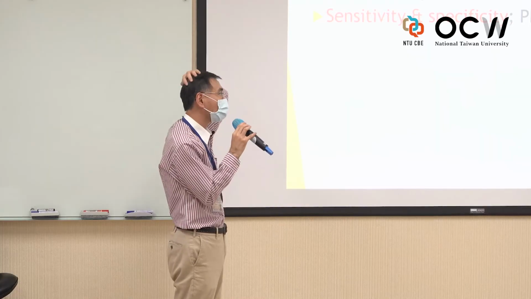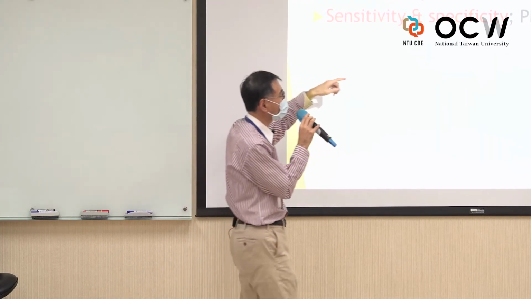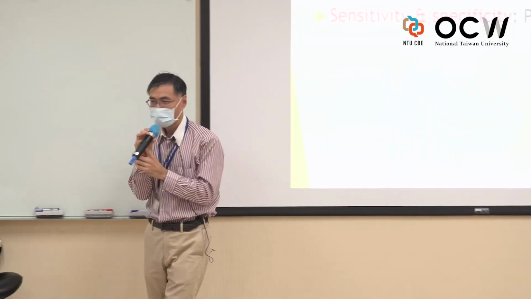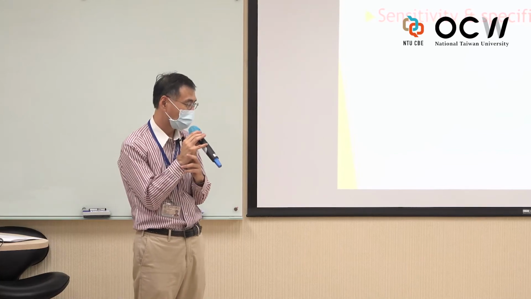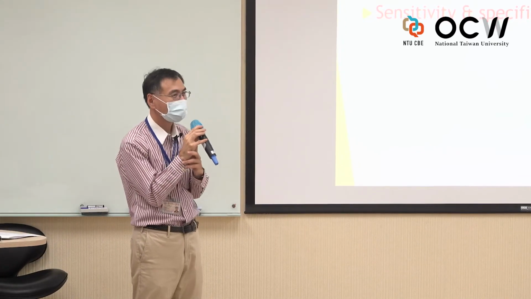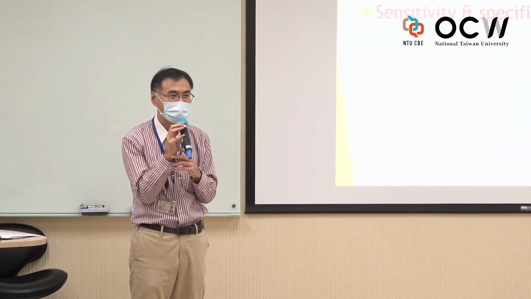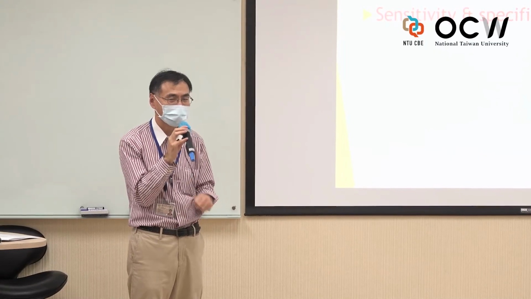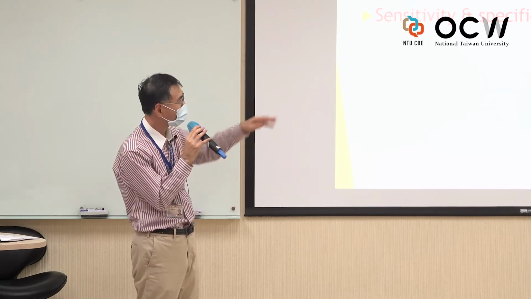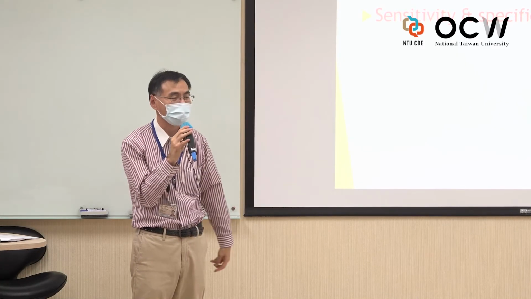PPV is more useful in machine learning, the algorithms, computer science. They prefer to use PPV and sensitivity as indicators for their robots, for their artificial intelligence tools. But in epidemiology, we care more about sensitivity and specificity.